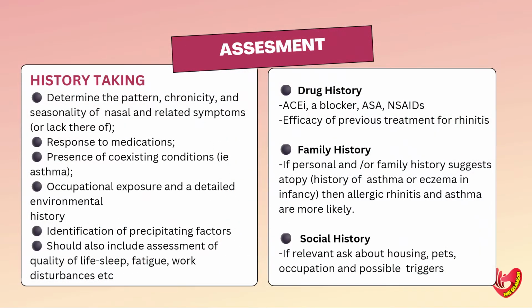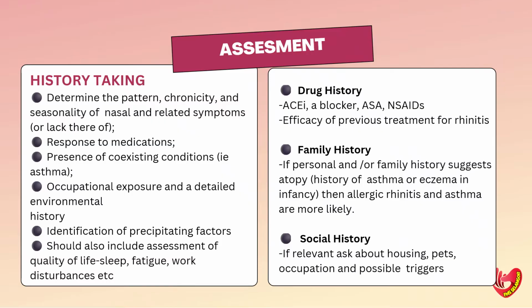Assessment of allergic rhinitis involves identifying symptom pattern, chronicity, and seasonality, as well as evaluating response to previous treatment. Check for coexisting conditions like asthma or eczema, and review environmental and occupational exposure to allergens or irritants.